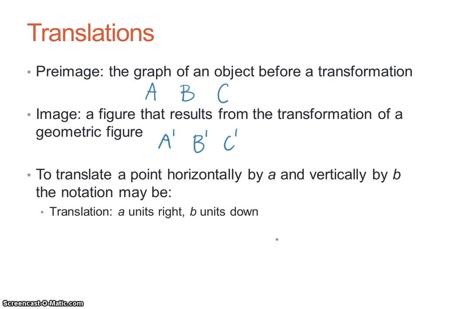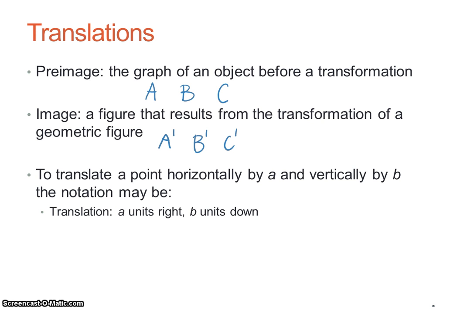To translate a point horizontally by a value of a and vertically by a value of b, the notation may be written one of two ways. We may say a translation of a units right, b units down. That's just saying we might go 2 units to the right or 2 units to the left or 4 units up or 5 units down.